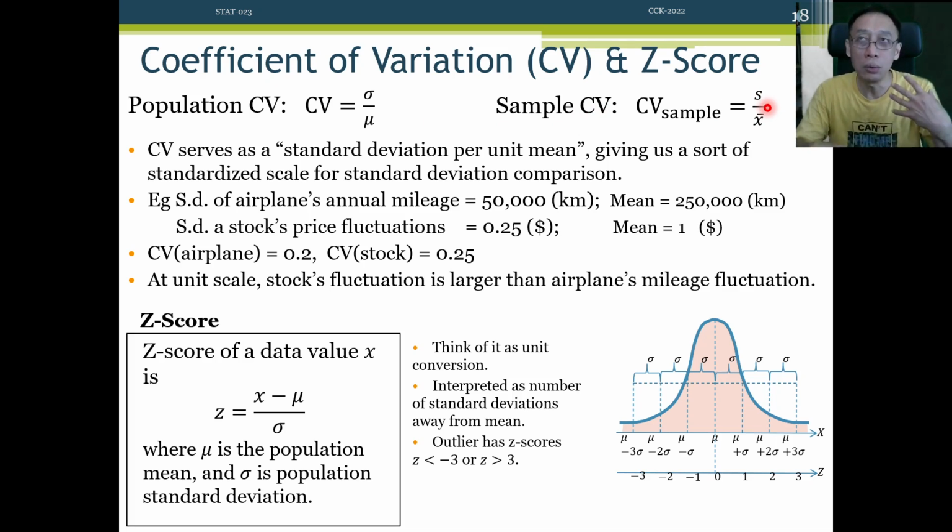So a lot of confusion maybe when you learn your first lesson in statistics and probability is that either the exercise or the question or even textbook may at times be a bit sloppy or misprint or have a bit of typo here and there, and that can lead to quite a bit of confusion. So here now that you understand this, next time I show you a slide where I actually wrote the typo and I say CV of sample is sigma over x bar or S over mu, you can then point out, aha, that is a problem, right? Because it all has to be consistent.